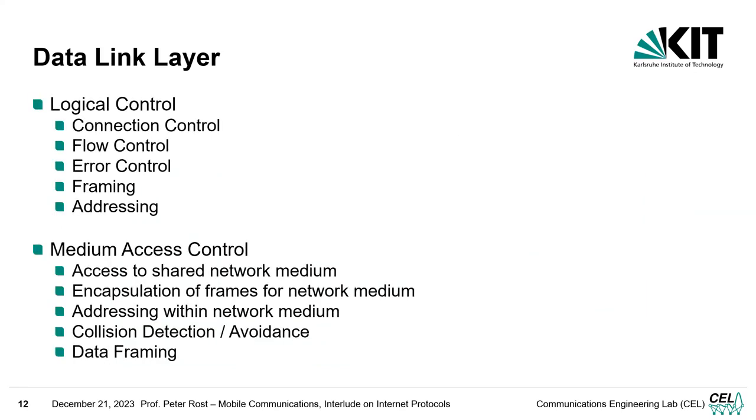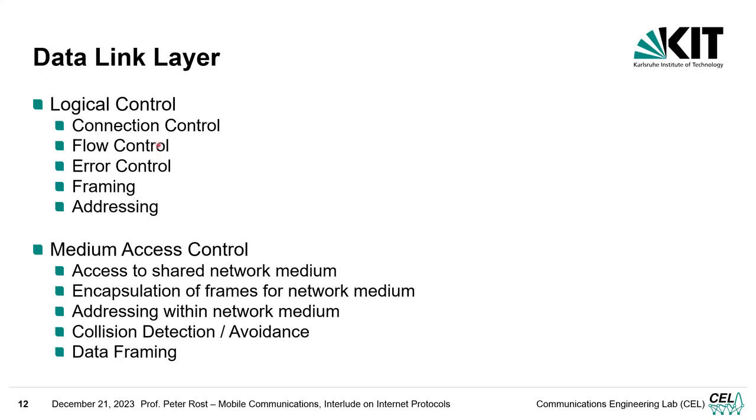Now more on the specific responsibilities of the different layers. So the logical link control takes care of connection control. It manages the establishment, maintenance, and termination of logical connections between devices, and provides a mechanism for initiating, coordinating, and releasing data transfer sessions.